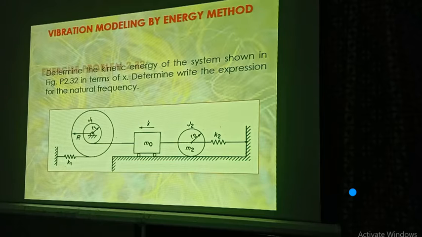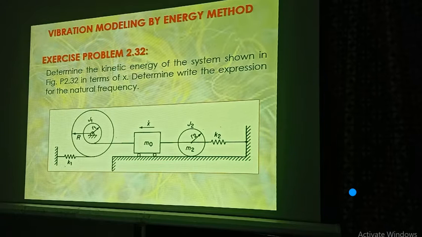So this is one of the numerical problems associated with the energy method. In this vibrating system we have an elastic element or spring element that has a stiffness of K1, and it is connected with a disc of external radius R and internal radius r1, and the polar moment of inertia of the disc is J1.